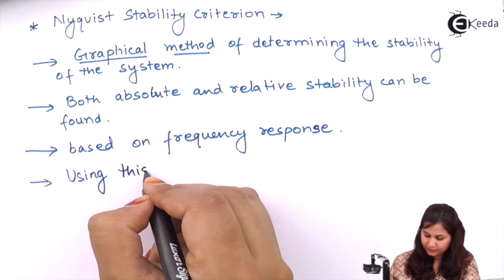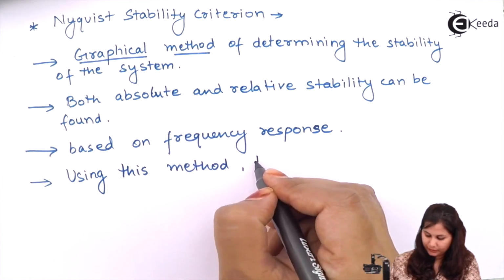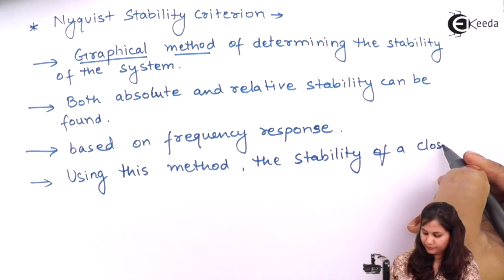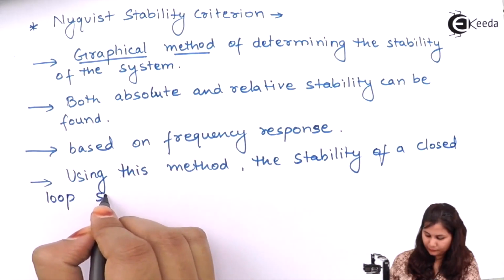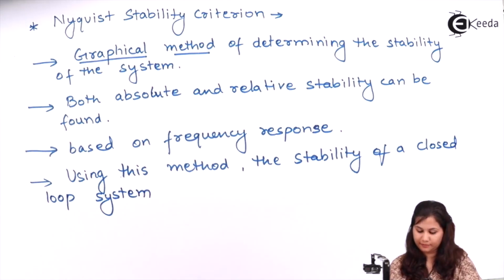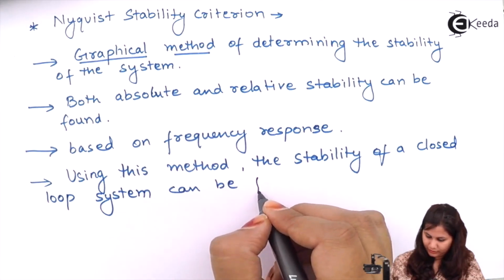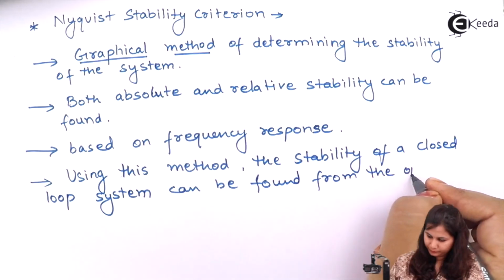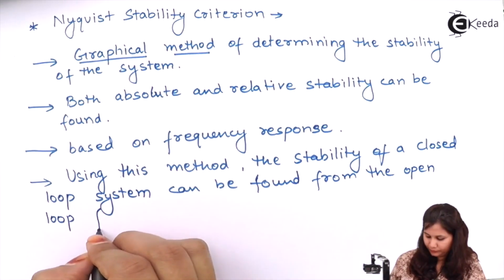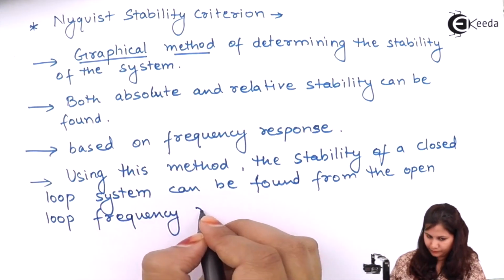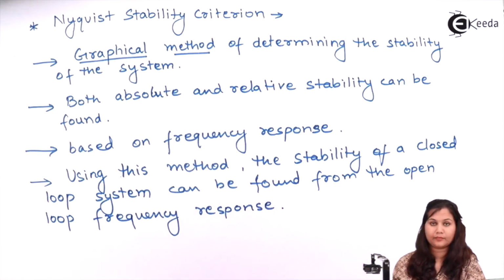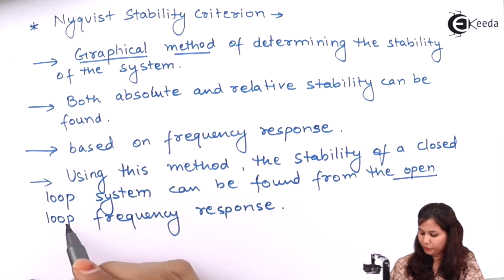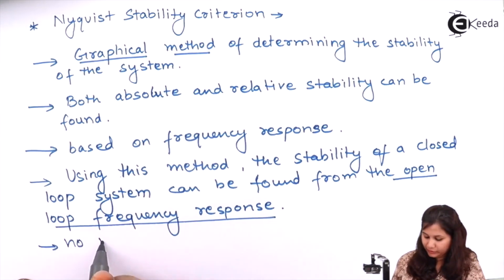So using this method, the stability of a closed loop system can be found from the open loop frequency response. No need of calculating the closed loop roots.